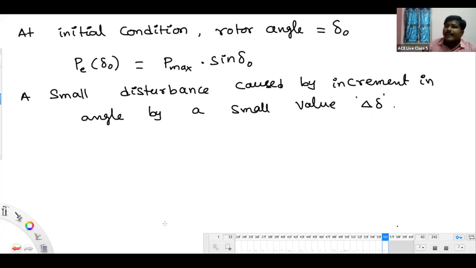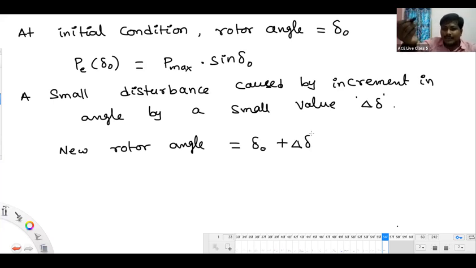Then what will be the new angle you can experience now? What is the new rotor angle? That is nothing but delta naught plus delta delta. The new rotor angle will be simply the previous angle delta naught and the increment we have now, delta delta.